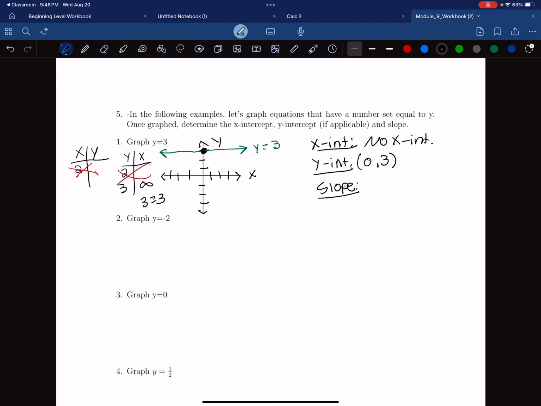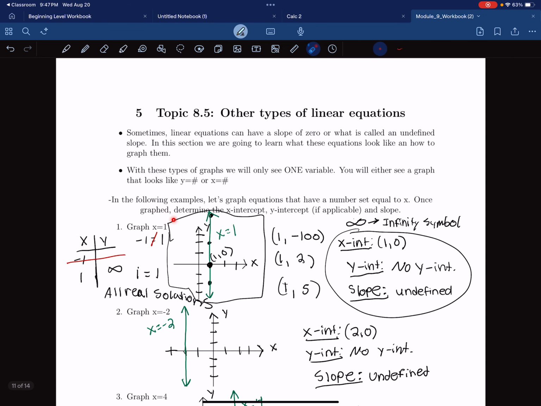And then our slope, well, we're not rising by any value, but we are going left and right. So in this case, the slope is actually going to be different for whenever we have equations with y equal to some number versus x equals some number.